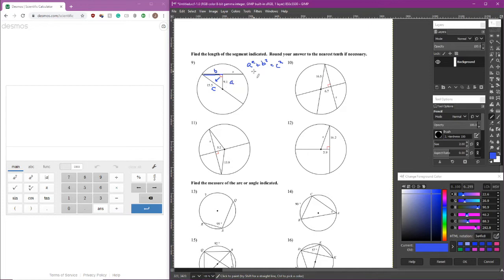So I'm going to plug in a squared is 9.1, and we square it. B squared, we don't know, so just leave it as b squared. C squared is 15.5, and we square it because of the formula. We can go over to our calculator and square 9.1.